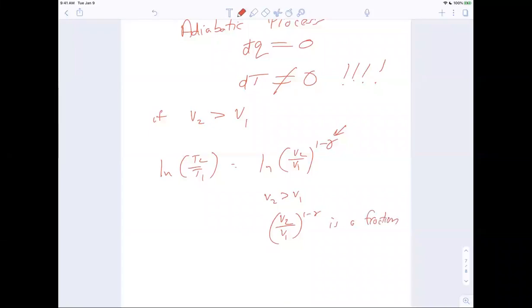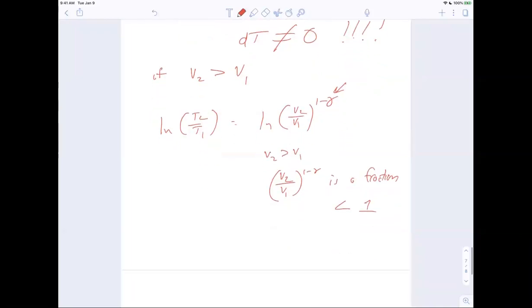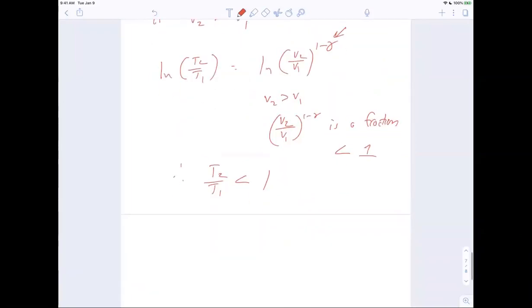Okay. It's not going to be greater than 1. It's going to be something that's less than 1. Therefore, T2 over T1 is going to be less than 1. It's going to be a fraction, which means then that T2 is going to be less than T1.